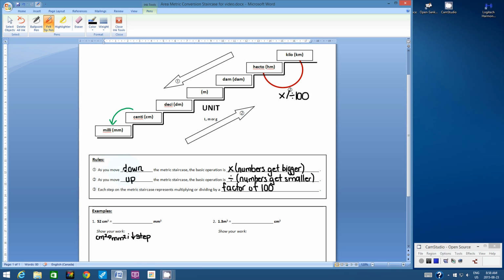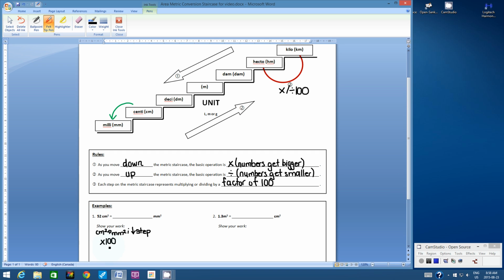Now if we move down 1 step, then the basic operation is multiply. So we're going to write that here, multiply. And because it was only 1 step, it's only going to be a factor of 100. Again, I'm showing all my steps here. If I'm going to multiply 52 times 100, all I have to do is move the decimal place, which is right here, 2 places to the right so that it's going to end there.